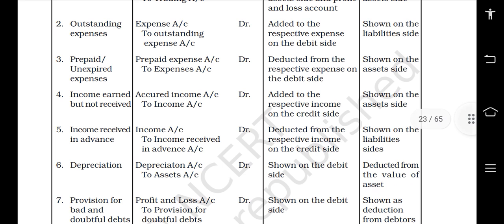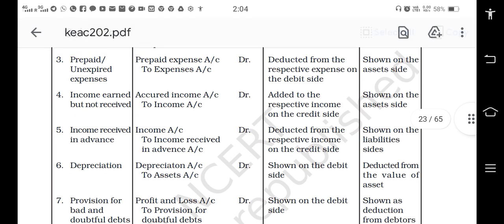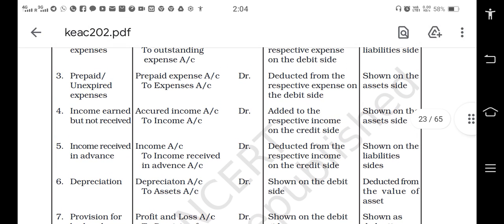And prepaid expense. A prepaid expense means we paid in advance, already we paid, before the time we paid the amount in advance. That is prepaid expense. And this prepaid expense, in one way, is an asset. For example, if 1 year of advertisement expense is already paid, that is an asset of the firm, no?